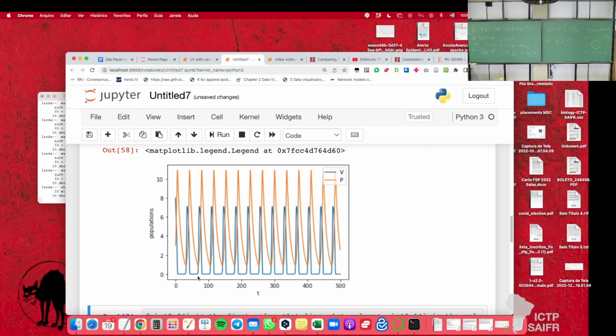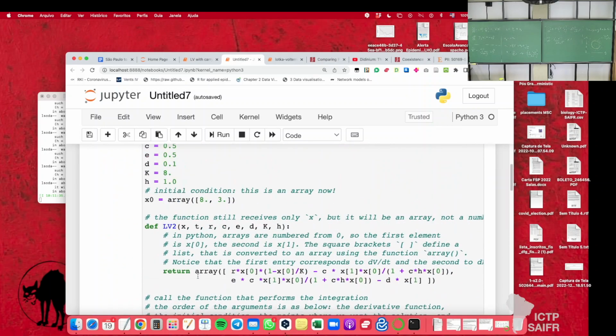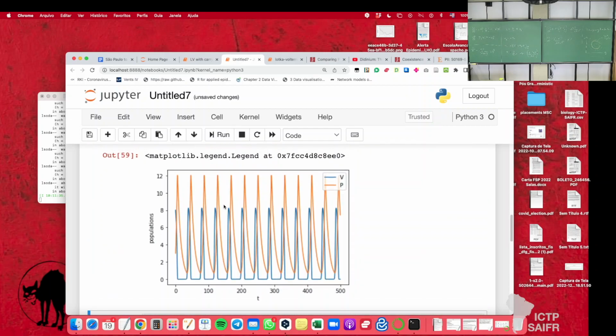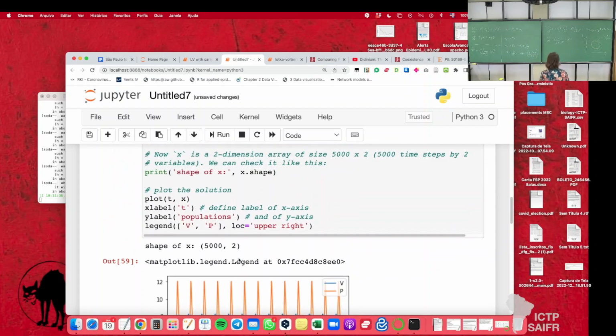But the point is, the oscillations now have very big amplitude, and being limited by 0, they come very close to 0. We can try with 9, but probably this will also give the same thing. You get bigger and bigger, and you get close to 0.